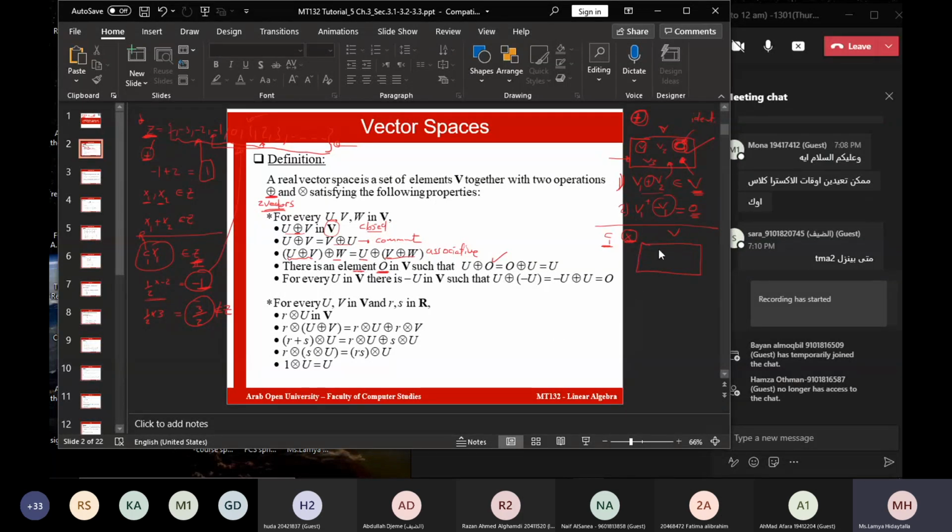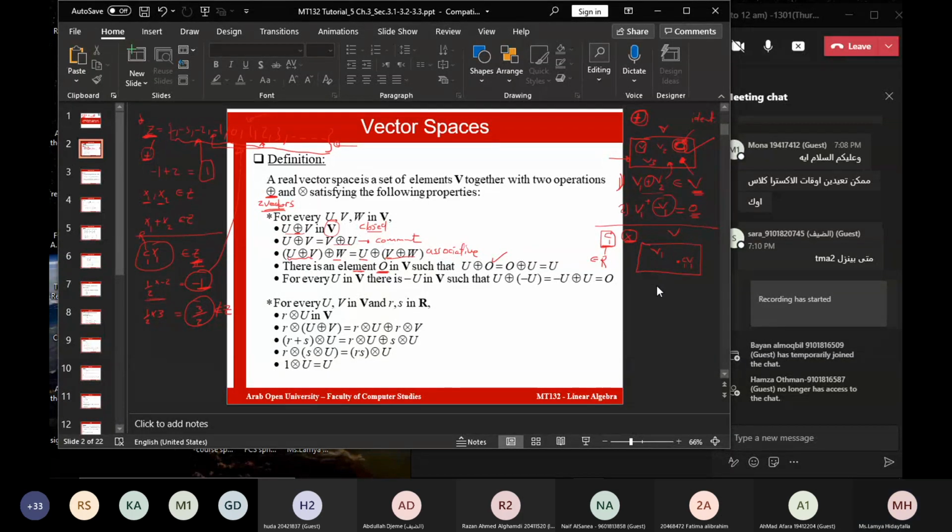What are they? If V1 is an arbitrary vector here, then you have to find C1 times V1, where C is any real number, belonging to the real numbers. So any real number, when I multiply it times this vector, the result as well should be inside this space.